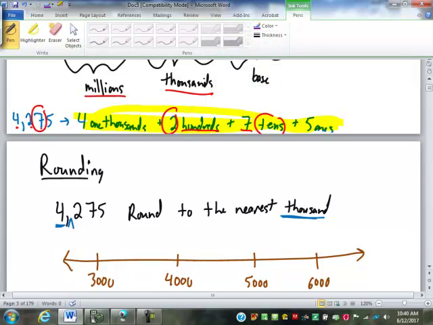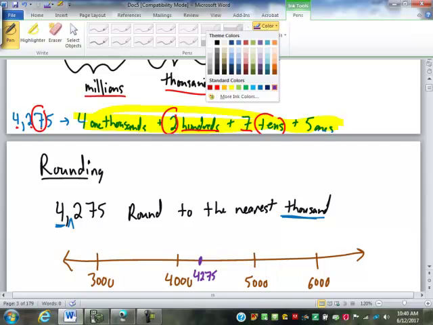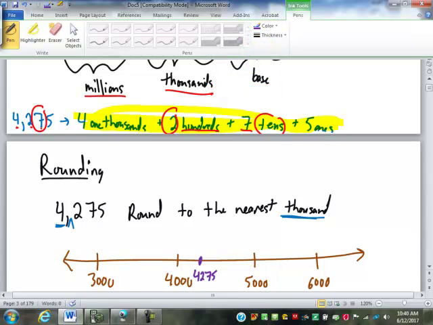And if I put 4,275 on there, which would be right here, which one is it physically closest to? The 4,000. Yeah. So 4,000 is the nearest 1,000. That's what nearest 1,000 means, physically nearest or closest.